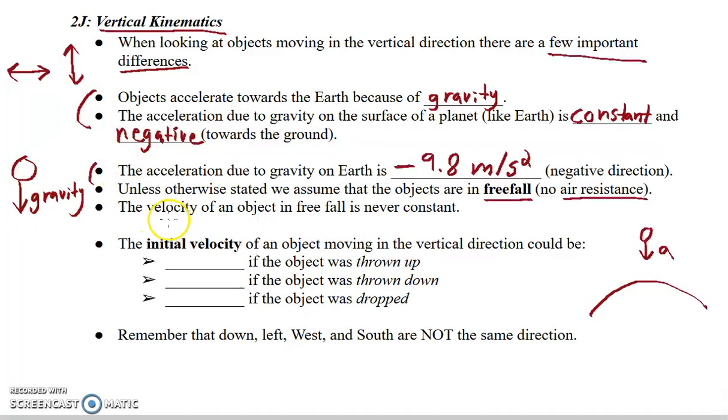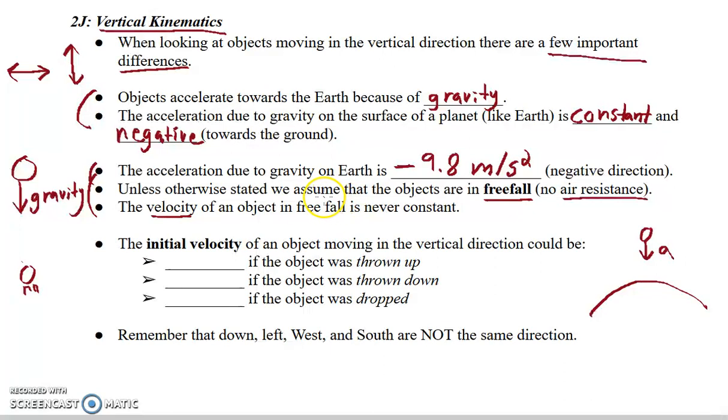The next thing to realize is that the velocity of an object being pulled by gravity is never going to be constant. If you throw a ball up in the air, throw it down, or drop it, the velocity is always changing, because there's an acceleration acting on it.